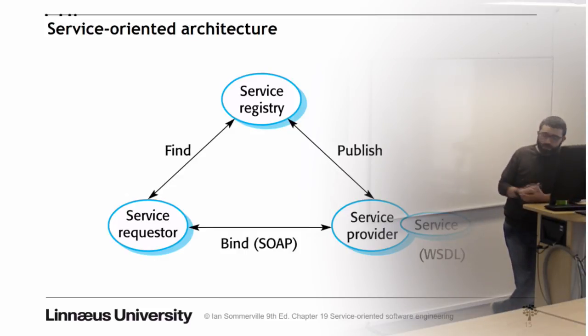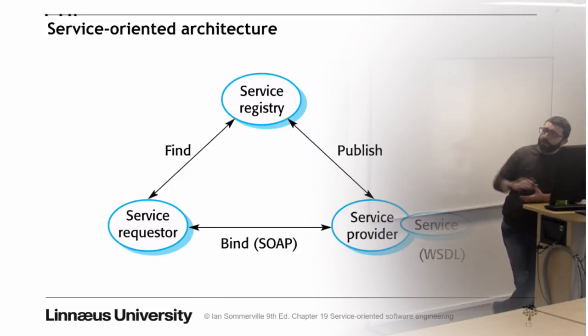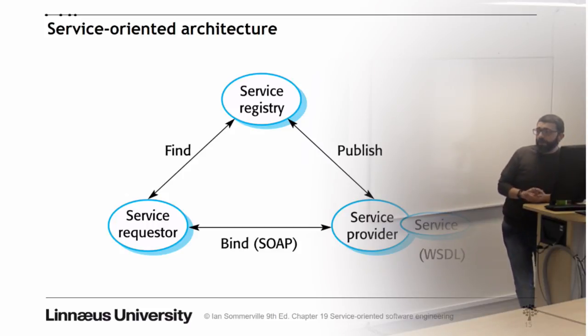For example, let's suppose I need a weather forecast service. Then I can contact the service registry and search for a service provided with this specific functionality. Then the service registry will return a list of all available services that match my query.